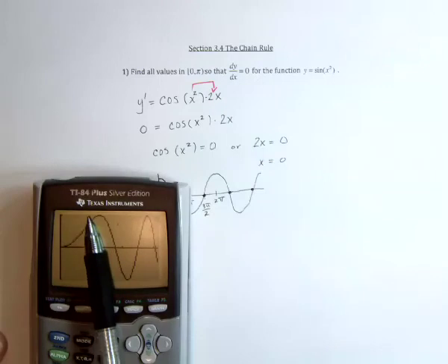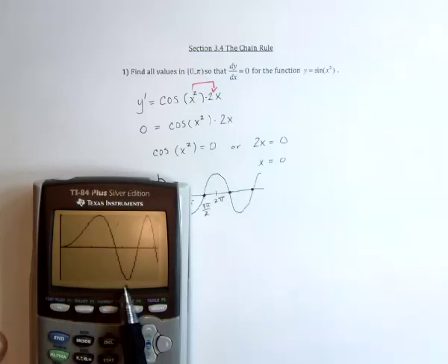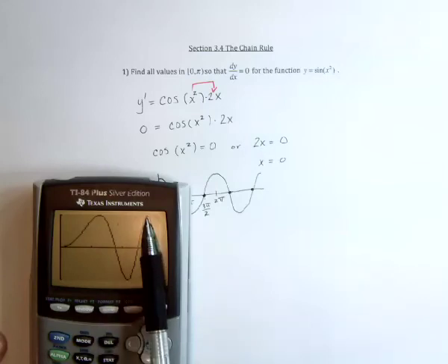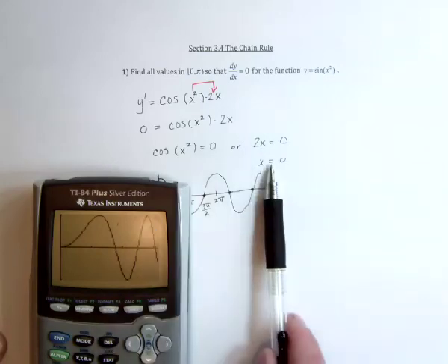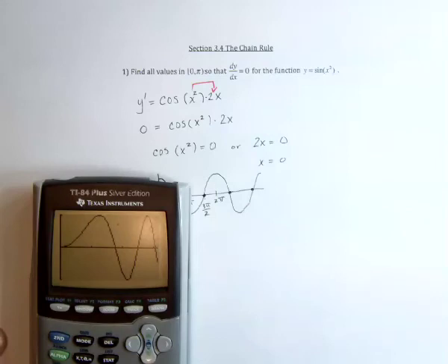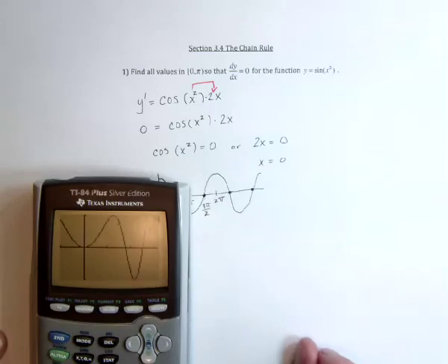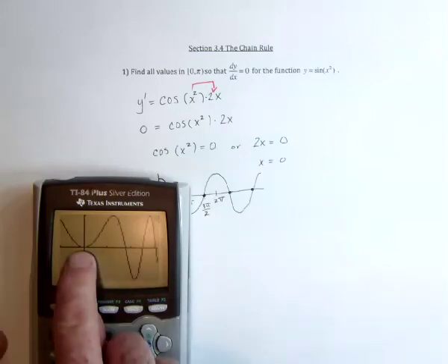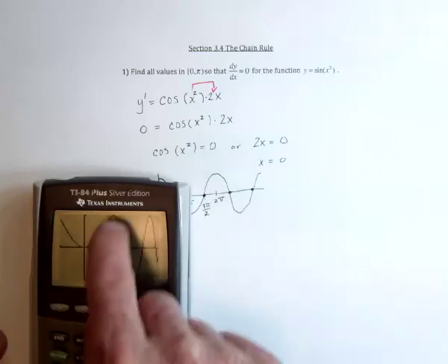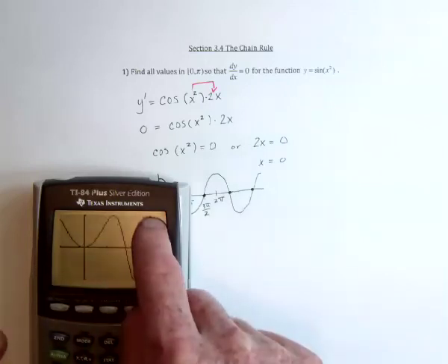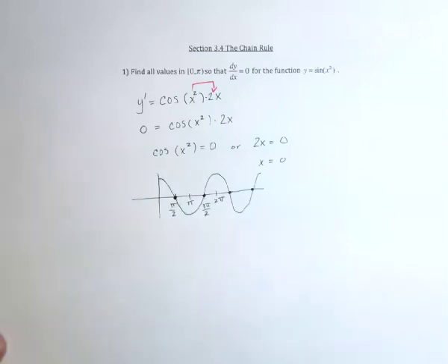So that would be a horizontal tangent line, which would happen right here, down here, and up there. And also we found that x equals 0. So if I change the window just slightly, have it go from -1 to pi, you can see that sure enough, at x equals 0, there would also be a horizontal tangent line right there. So we need 1, 2, 3, 4 solutions. Okay, so keep the first 4 solutions.